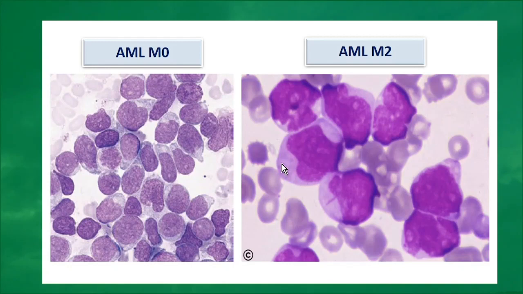They have a moderate amount of cytoplasm, and the nucleus shows nuclear membrane irregularity, and multiple nucleoli are seen. These light staining regions are nucleoli, and chromatin is open, lighter when compared to a lymphocyte here. That is what is called open chromatin.